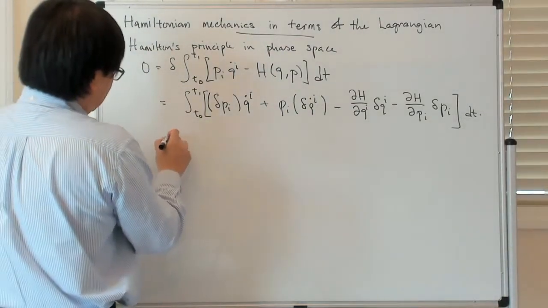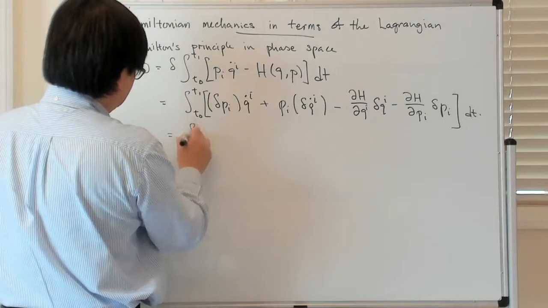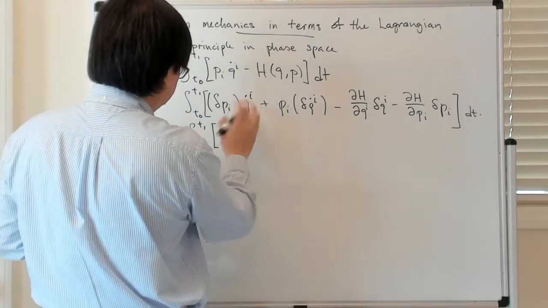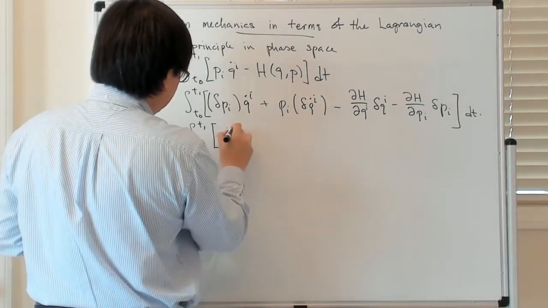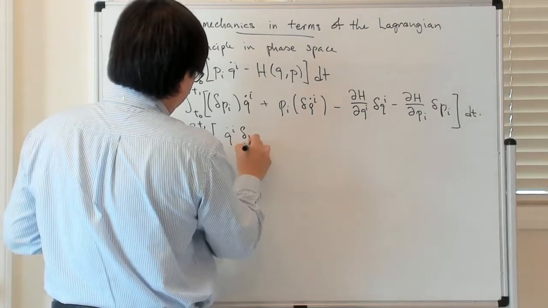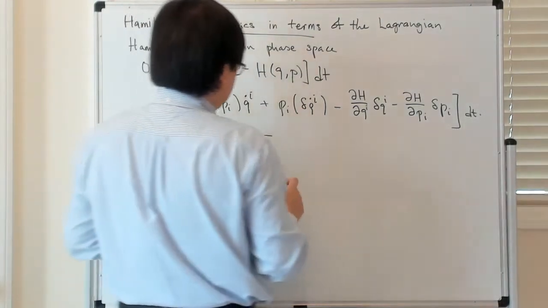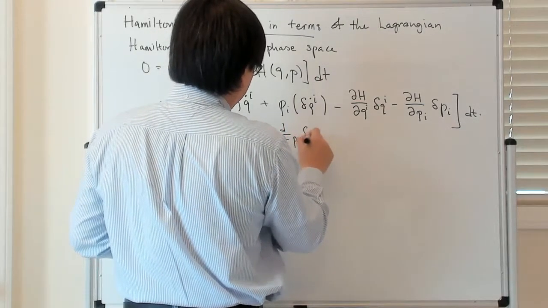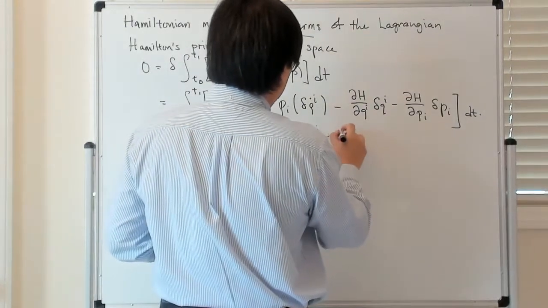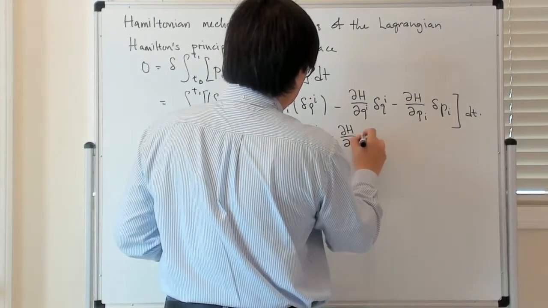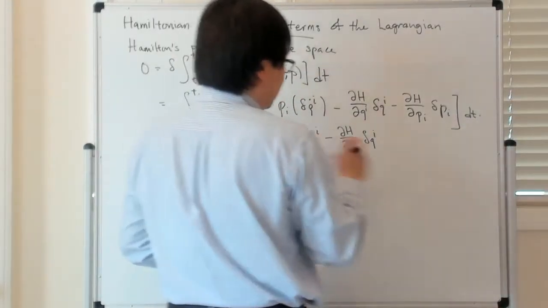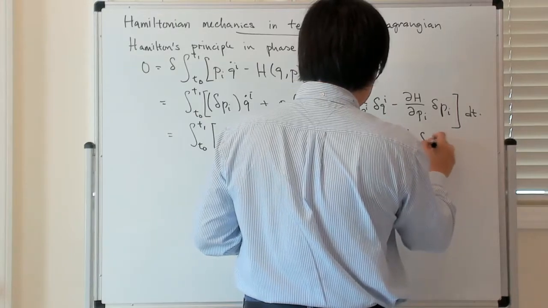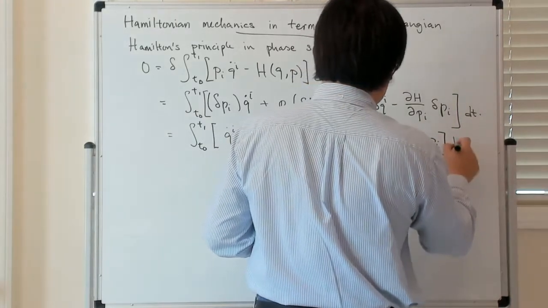So when you do that, you get the integral from t0 to t1. I'm going to put all the variations at the end now. So it's qi dot variation of pi, minus d/dt pi variation of qi, minus dH/dqi variation of qi, and then minus dH/dpi variation of pi, and then dt.